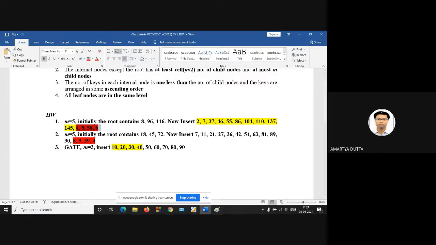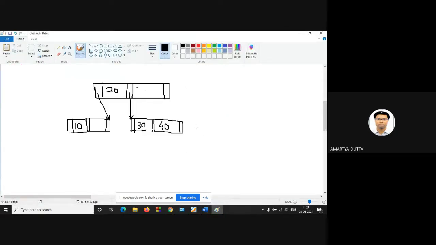40 complete, now 50. So there will be 50, now what should I do? 50 is there, 40 will be pushed up. Yes, 40 will be pushed up, but before pushing up you have to split your node into two halves.